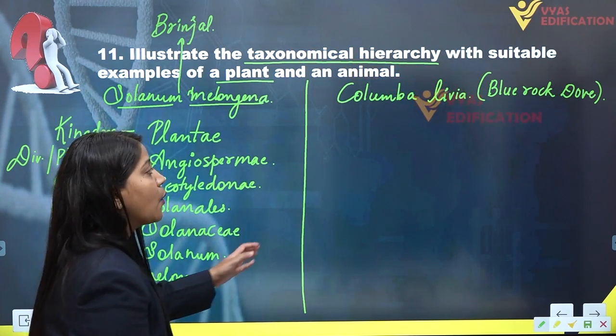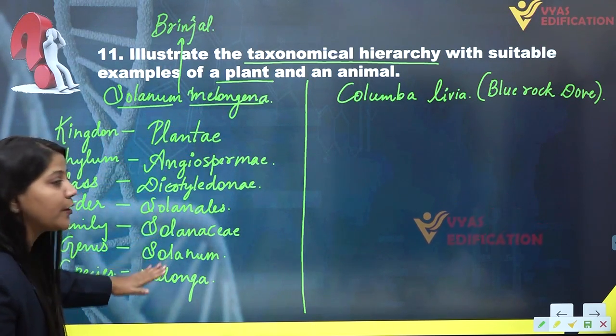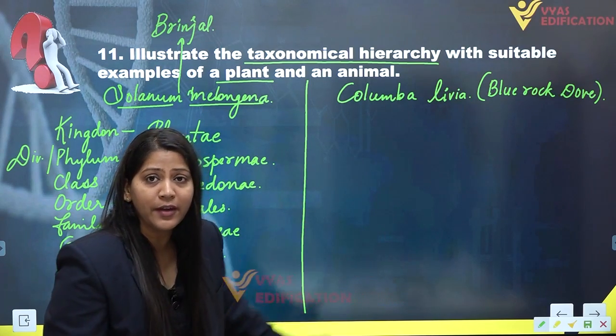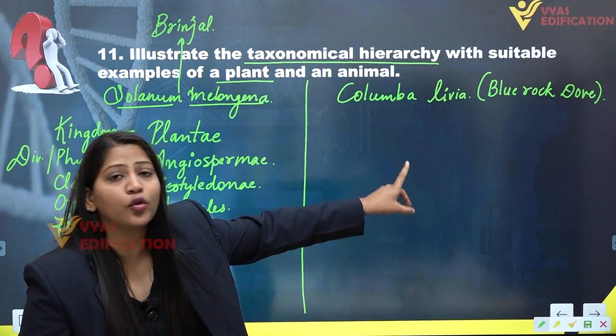Now, in case of animals, we will write all these taxonomical ranks for this particular organism, Columba livia, which is a bird, and the common name for this is blue rock dove.